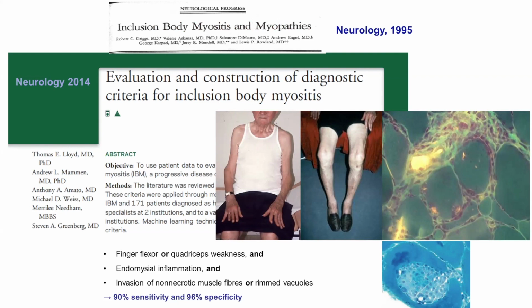And we had to wait roughly 20 more years to have the last definition of inclusion body myositis: if you have a finger flexor weakness and a quadriceps weakness, and endomysial inflammation, that means inflammation within the muscle, and invaded fibers, as you can see here, or the presence of rimmed vacuoles, then the probability of having an inclusion body myositis is very high.